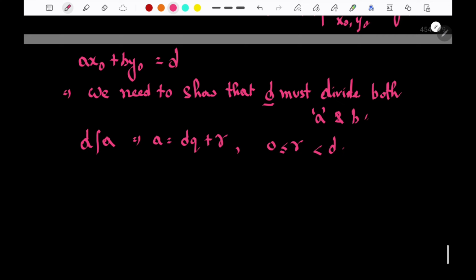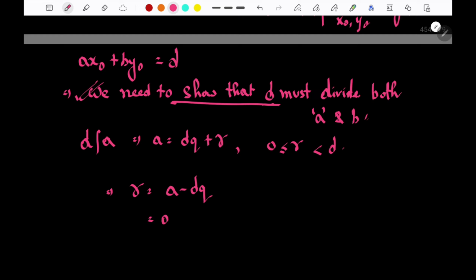We don't know the value of r. Don't say that r is equal to 0, because we need to show that d must divide both a and b. So a is equal to dq plus r, which means r becomes a minus dq.